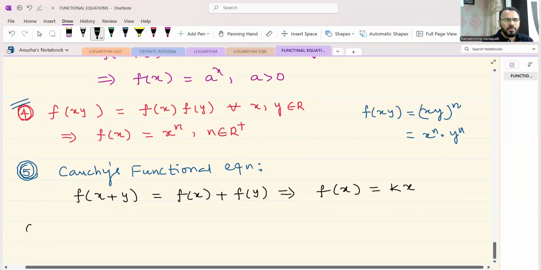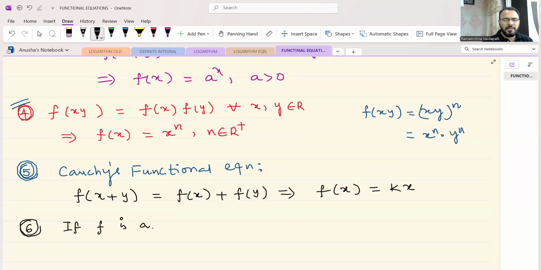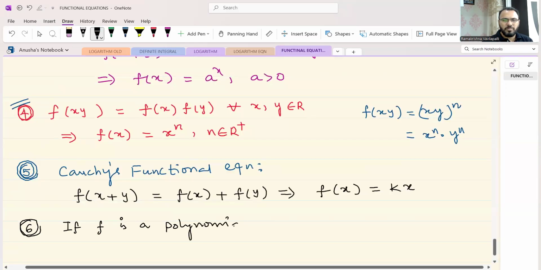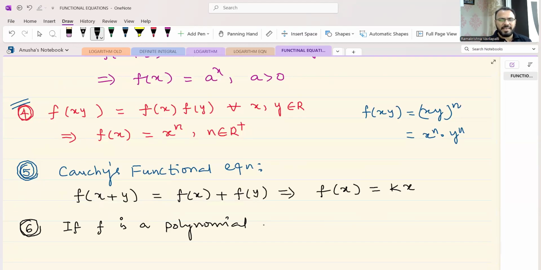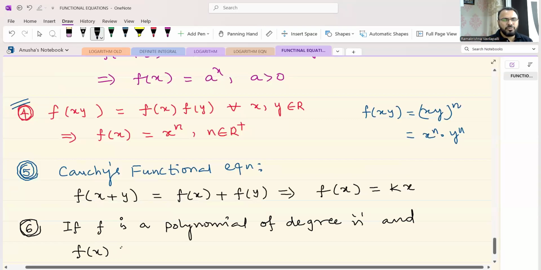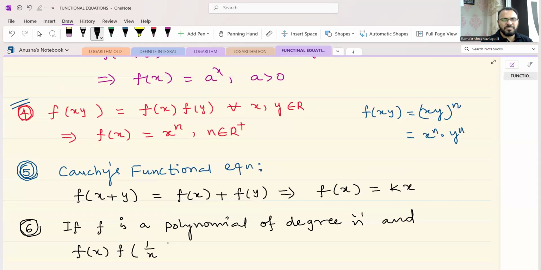And one more functional equation: if f is a polynomial of degree n, and it satisfies that f of x into f of 1 by x equal to f of x plus f of 1 by x.